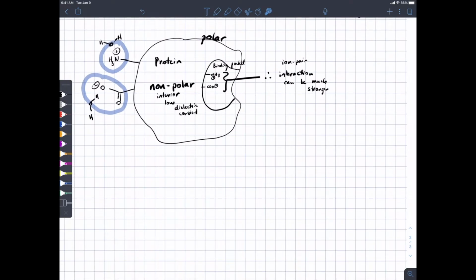That's done by something called mutagenesis. And all this means is if we think that two amino acids interact with each other, we want to measure the strength of the interaction, we get rid of the interaction by mutating one amino acid, swapping it out for another that doesn't have the positive charge. Okay?